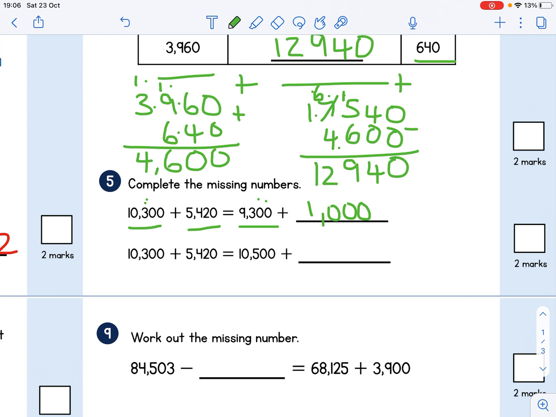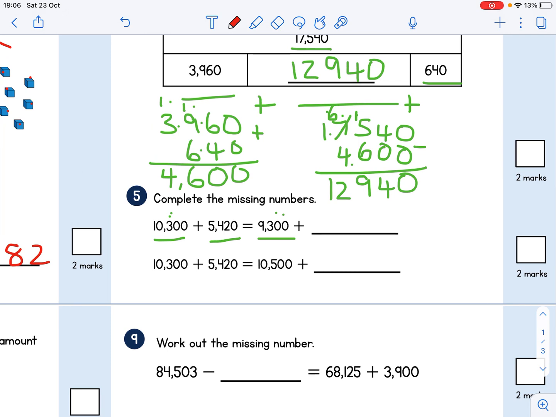There's a gap of 1,000, and then we still want to add on the 5,420. So in total, what we want to add on is 6,420.